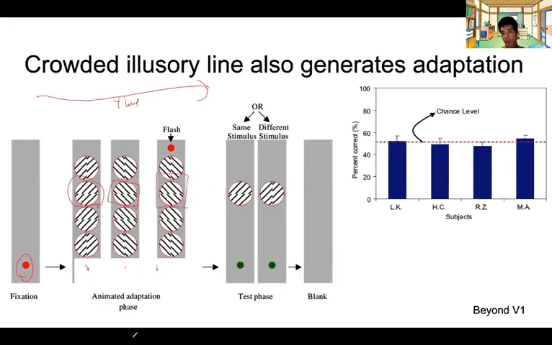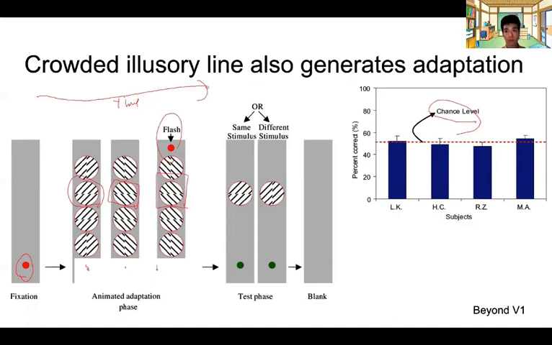Then they asked people to adapt to this display for, let's say, 1 minute or so, and then they showed a flash to indicate that the adaptation period was finished, and then tested the visibility of this horizontal or vertical, adapted or non-adapted stimulus. When they did the important check of the visibility of the stimulus itself during the crowded situation, all the subjects showed chance performance.